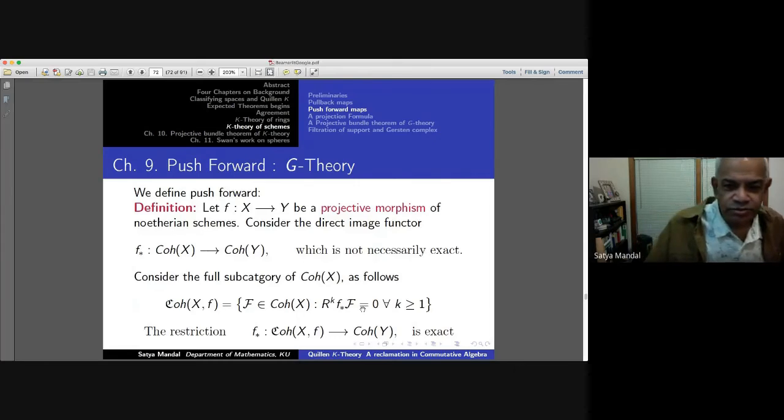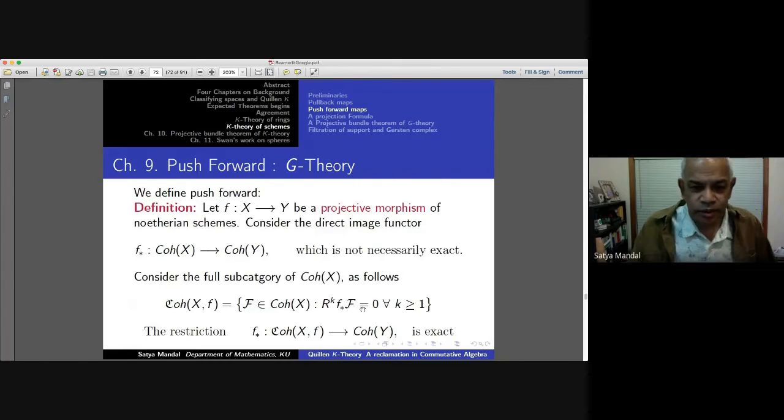Now let's take a projective morphism. I'm trying to define push forward for Kn, so I am going to use the same method. Define COH(X, F), all coherent sheaves whose higher direct images Rk F star F are 0 for k positive.